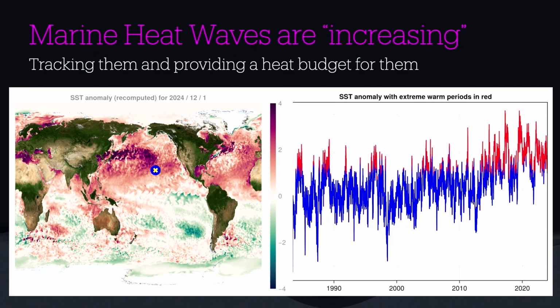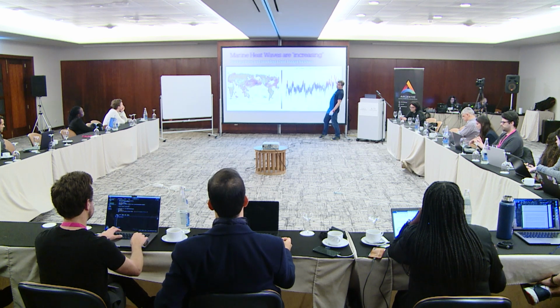But along the way, there's a lot of data analysis. The first thing is a time series bit. You take a time series like this of these SST anomalies where we've subtracted the climatological mean for every month. And you see that the red is above a certain threshold. We're passing it more and more. Here, this was a marine heat wave, maybe, and now we have a lot more.